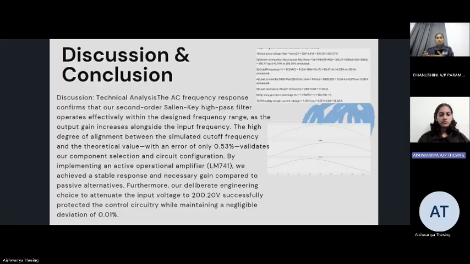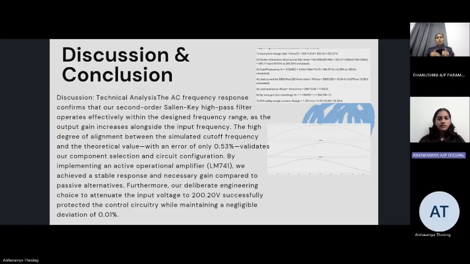Referring to the design calculation, the cutoff frequency was calculated using the normal equation fc equals 1 over 2 pi RC. We substitute R equals 100 kilo ohm and C equals 16 nanofarad, and we calculate the frequency.